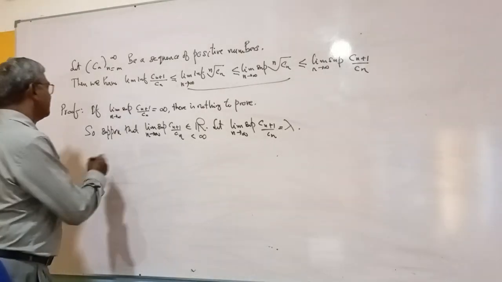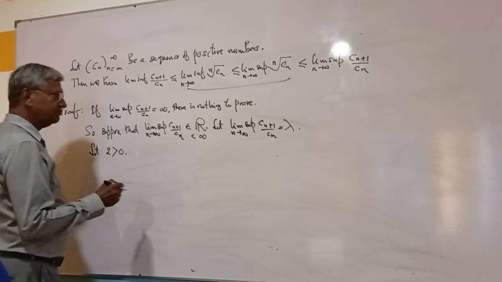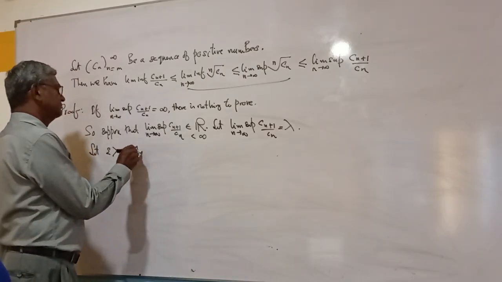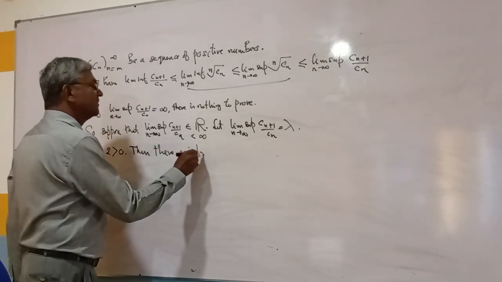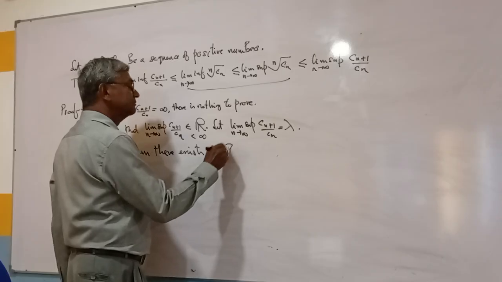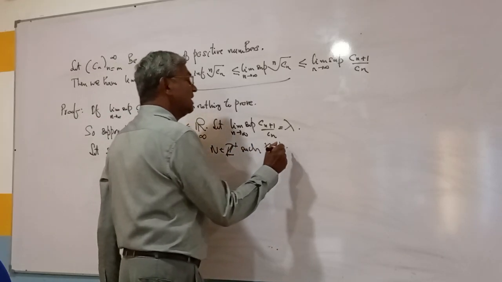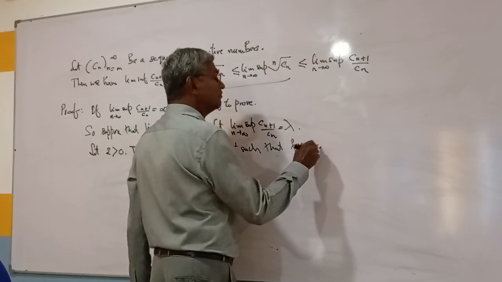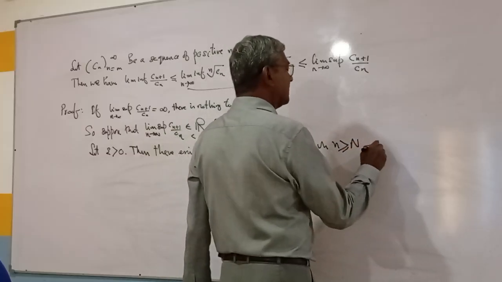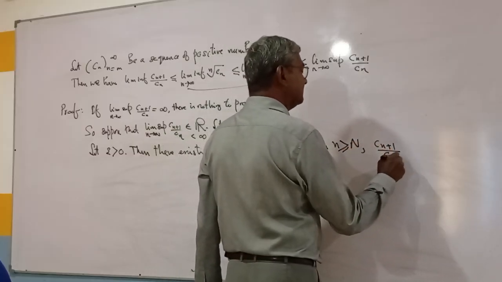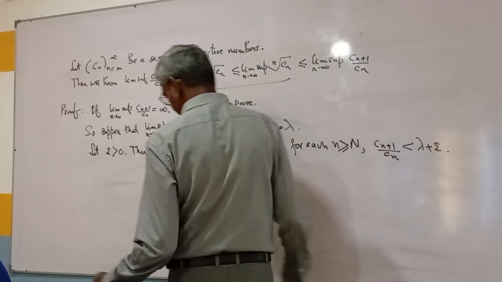Let epsilon be greater than 0. Then there exists a capital N belonging to the naturals such that for each n greater than or equal to capital N, c_{n+1} divided by c_n is strictly less than lambda plus epsilon.